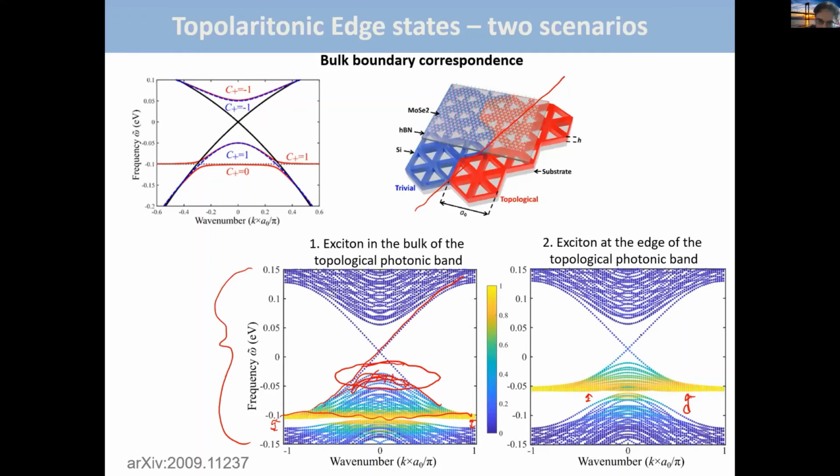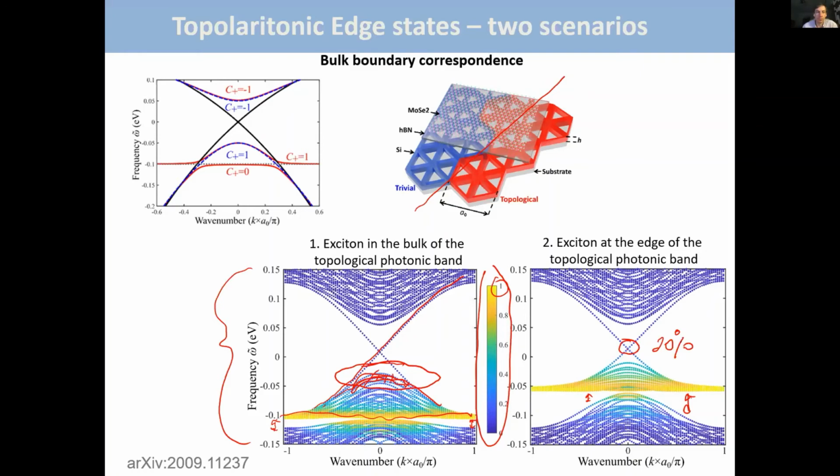You can see the degree of excitonic component from 0% to 100% is shown by the color. So you can see that for the second scenario, even at the mid gap at this Dirac point, probably it's not correct to call it a Dirac point, but this crossing of the forward and backward boundary modes, the polaritonic band appears to be up to 20% excitonic.